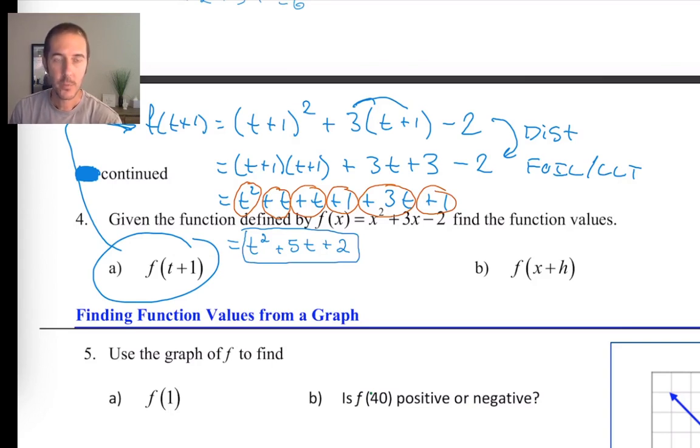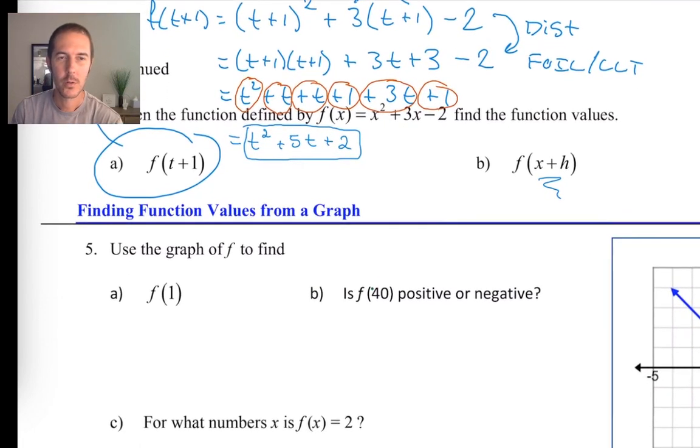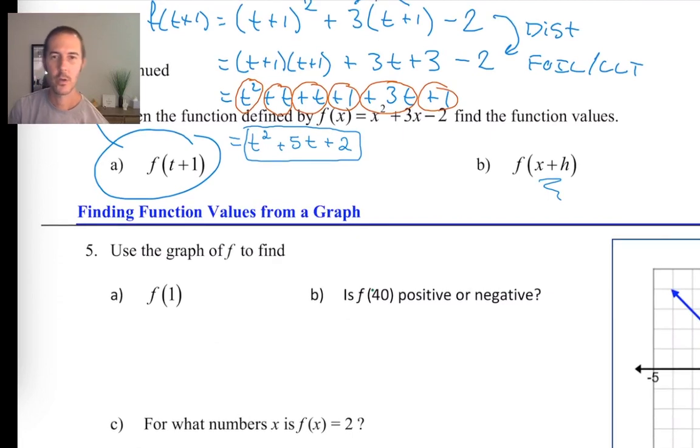And you could go through similar motions plugging in an x plus h. x plus h is an expression that we plug into various functions well into our study of mathematics. You would plug in an x plus h in an intermediate algebra class. You'll do it in college algebra.